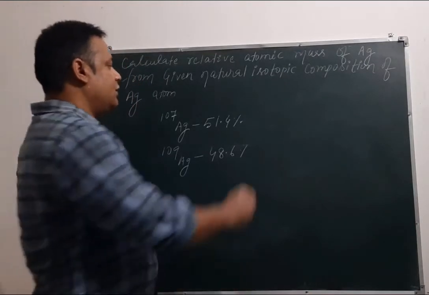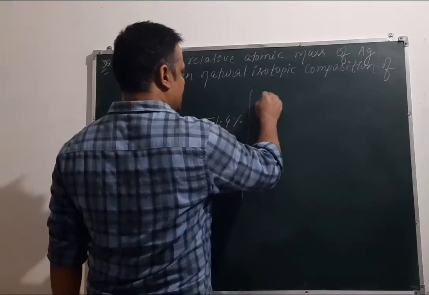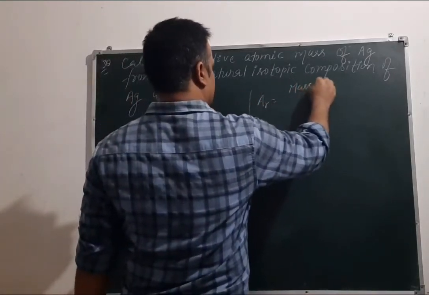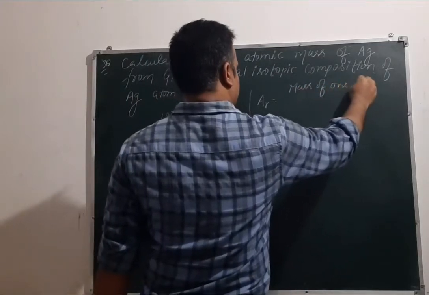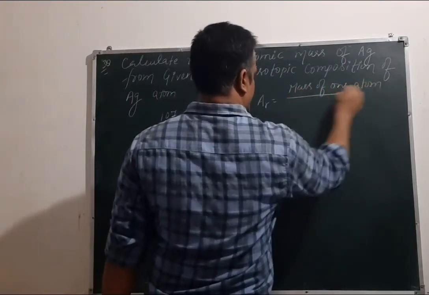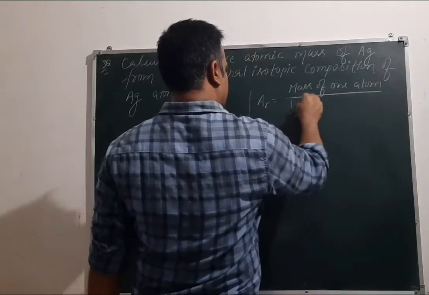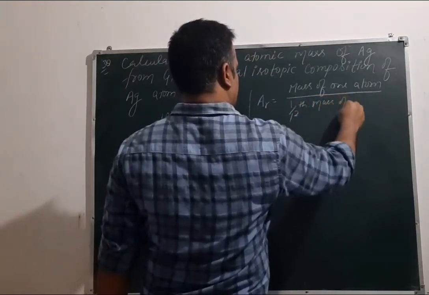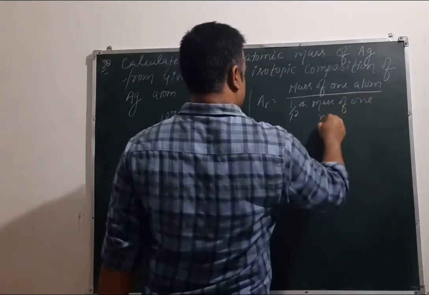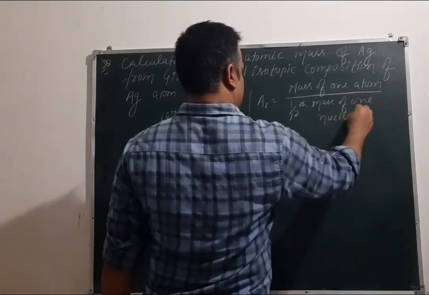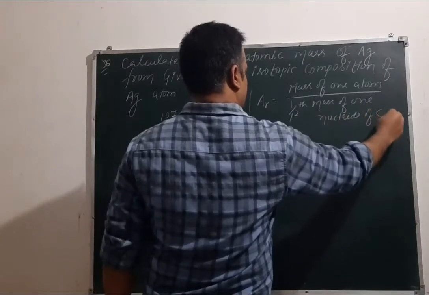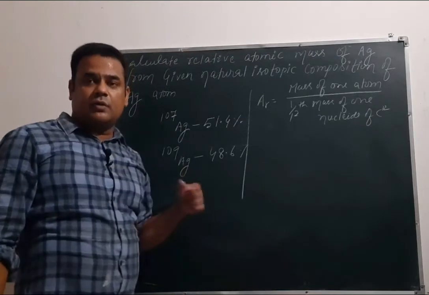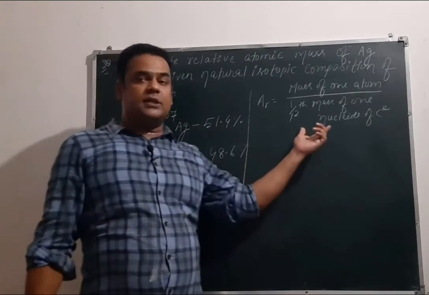Now if we see the formula, AR is equal to what we have written: mass of one atom divided by 1/12 of the mass of one nuclide of C12. Remember that in the previous question you have seen that I have not written this part.